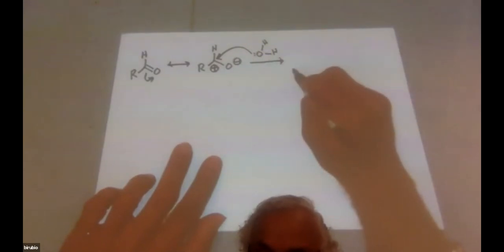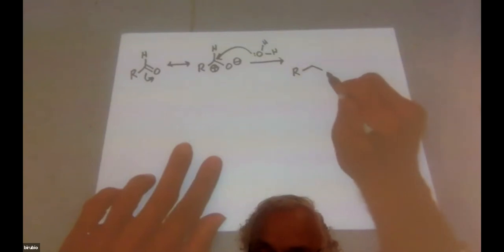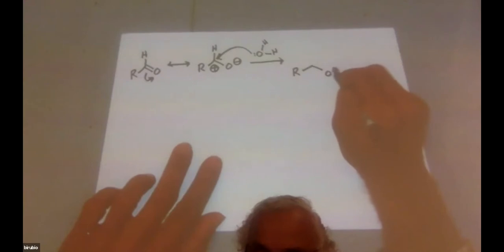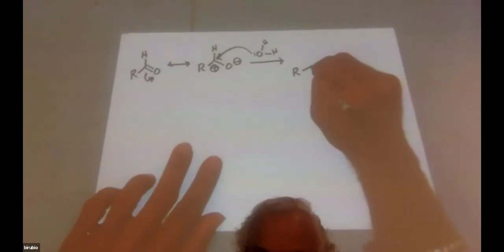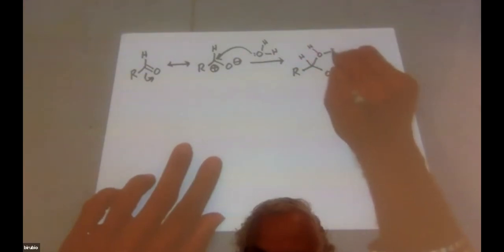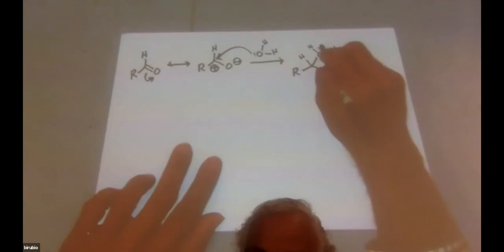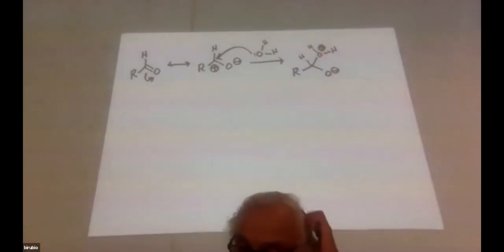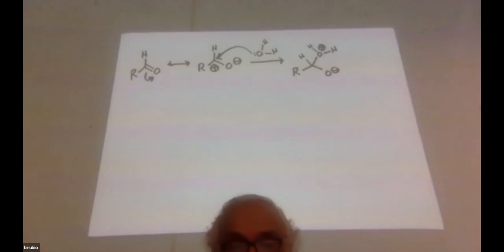All right, so we've gone from an alcohol to an aldehyde, and now we're going to go from the aldehyde to the carboxylic acid. Okay, so water has attacked. Now we have a lot of fiddling and diddling with protons once again, right?